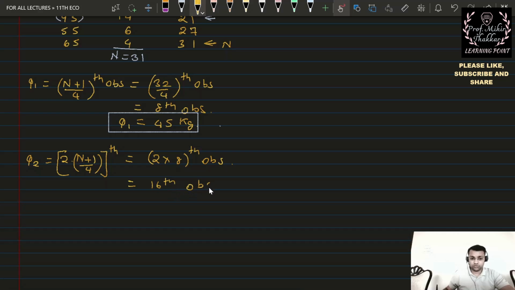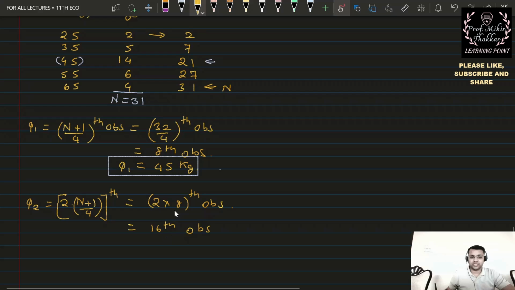Now once again over here also, my friends, you are getting the same value. 16 is greater than the cumulative frequency, just greater than 16 is 21. Therefore again the observation corresponding to 21 is 45. So again you will get Q2 is also equal to 45 kilograms.